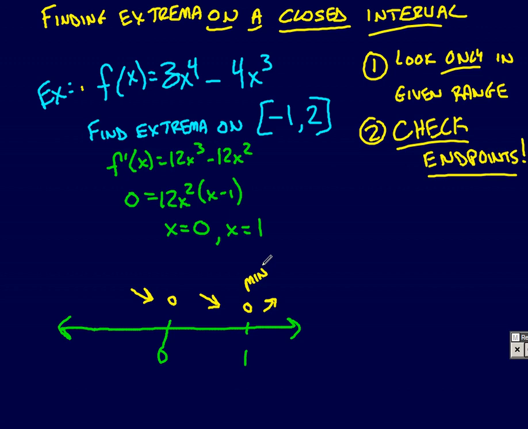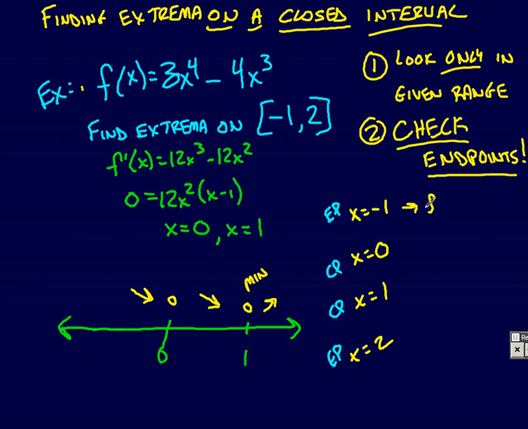Now here's the other thing. We want to check the endpoints. So for the points, we're going to have x equals negative 1, because that's an endpoint, x equals 0, x equals 1, and x equals 2. That's because this is an endpoint, this is an endpoint, and these are two critical points. And we want to look at what the functional value is for each one of them.